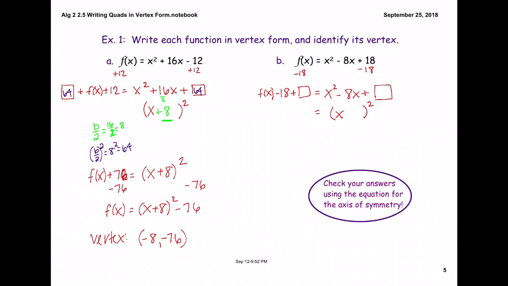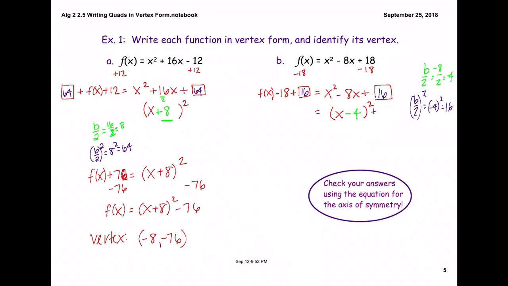So off to the side, we're going to do b divided by 2. Negative 8 divided by 2 gives us negative 4, which goes in our binomial. We're going to do b divided by 2 squared. Negative 4 squared gives us a positive 16.